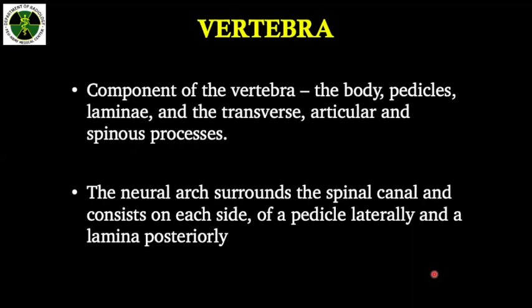The components of a vertebra are the body, pedicles, laminae, and the transverse, articular and spinous processes. The neural arch surrounds the spinal canal and consists on each side of a pedicle laterally and lamina posteriorly.